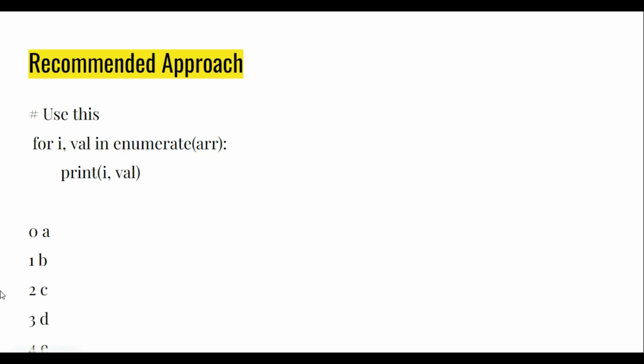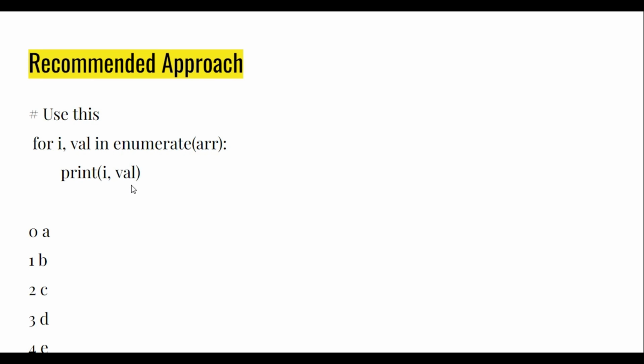And here you are going to get the same output, that is the element at the 0th index, then first index, second index, third index and fourth index, right? So this is the recommended approach whenever you want the index and value in that array.